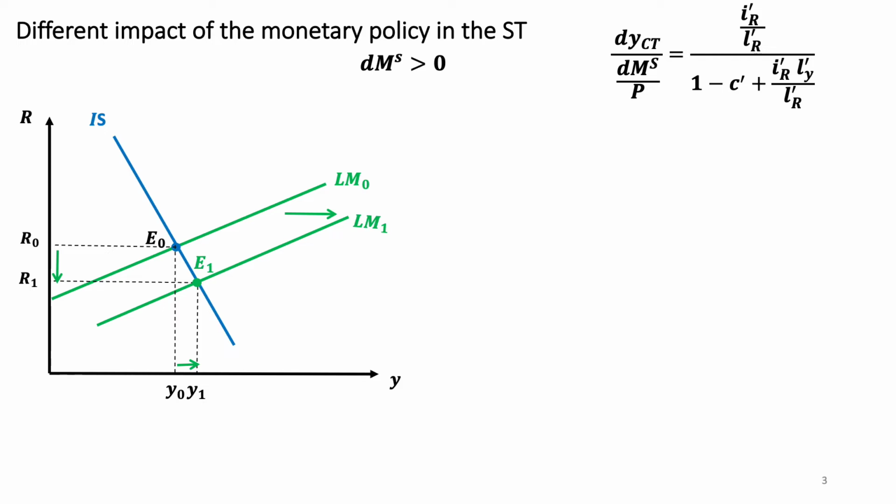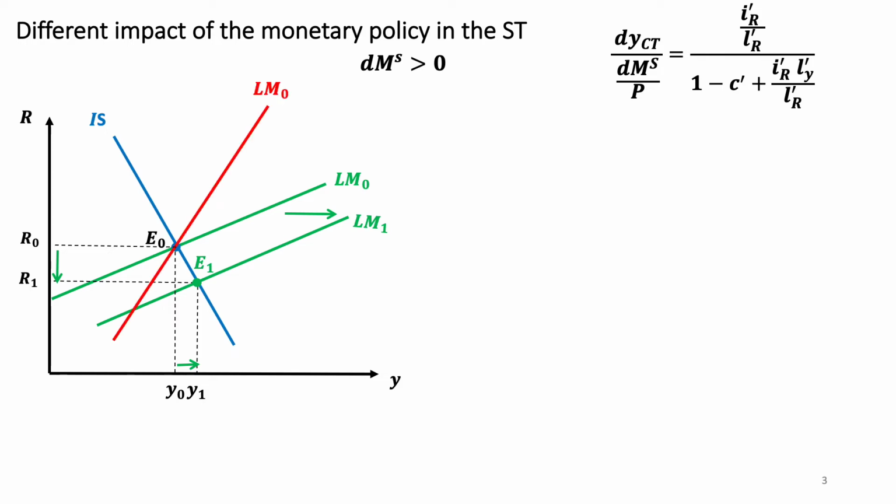And we can see the decrease in R, which has been low and has allowed the money market to reach back the equilibrium. We can see that the increase in Y allowed thanks to the decrease in R is relatively moderate.